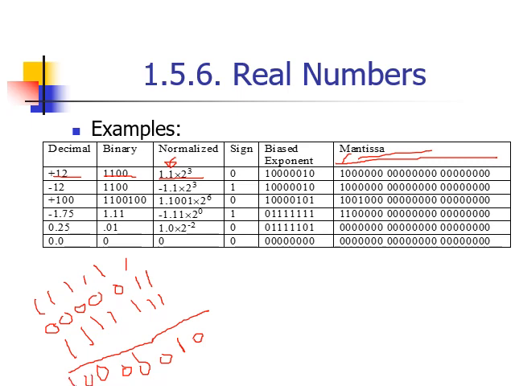So this is 1, 0, 0, 0, 0, 0, 1, 0. So this is what you place here. Okay. All right. 0, 1, then 5 zeros and 1.